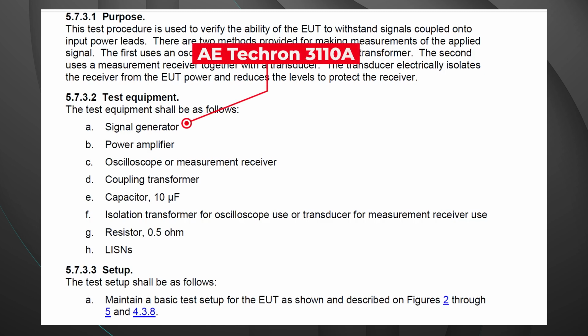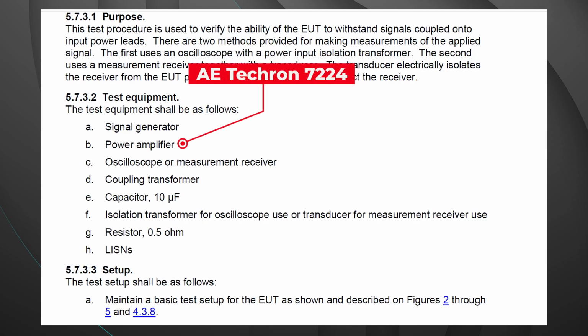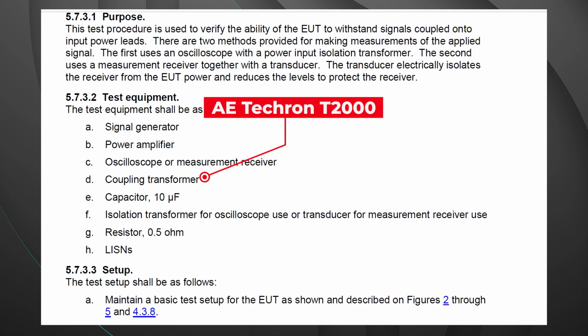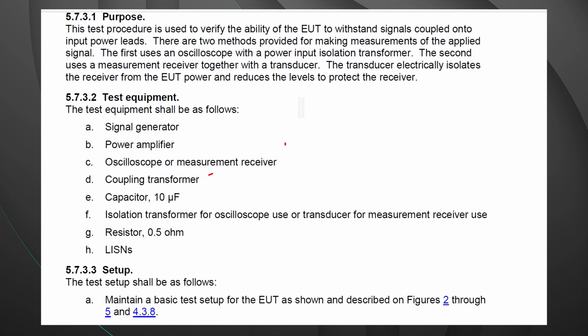For the signal generator, we're going to be using the AE Techron 3110A waveform generator. For the power amplifier, the AE Techron 7224 linear power amplifier. For D, the coupling transformer, the AE Techron T2000 LF conducted susceptibility transformer.